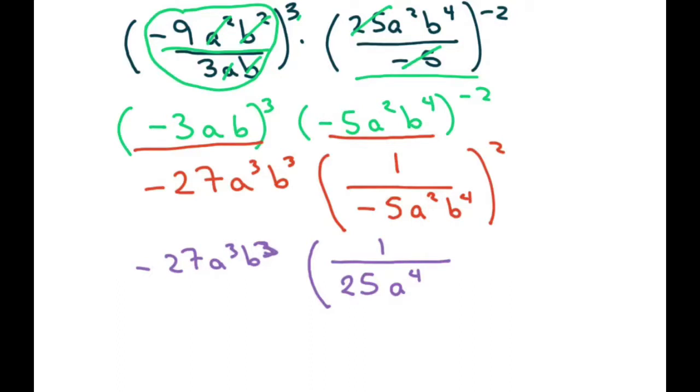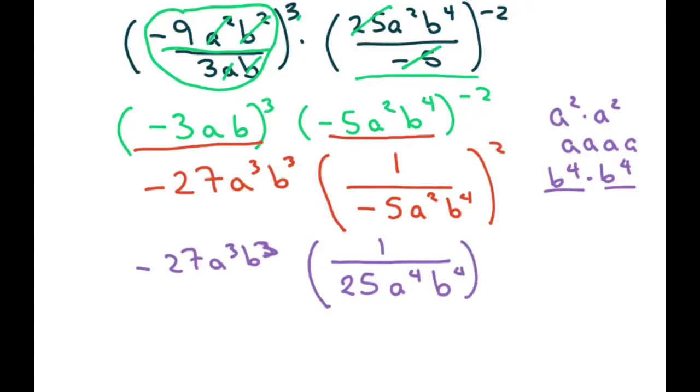Remember, what you're doing is your a squared times a squared. So that would be 4 a's: 1, 2, 3, 4. And the same thing for this. This would be b to the 4th times b to the 4th. So that's 4 b's plus 4 b's. That would be 8 b's. Now this is over 1.